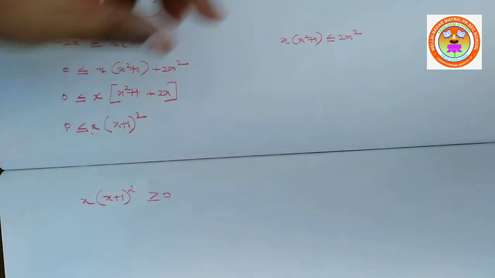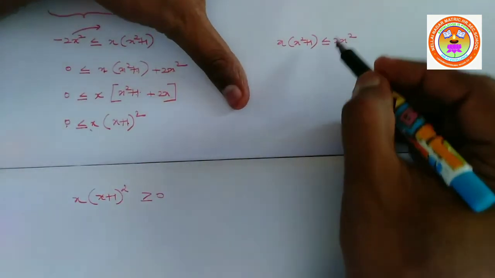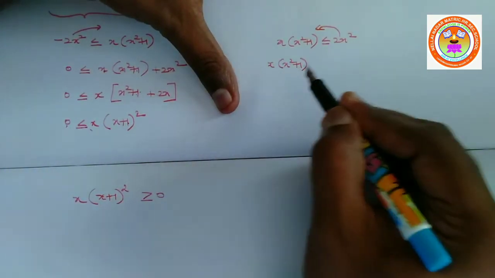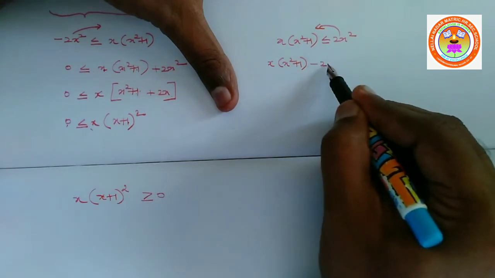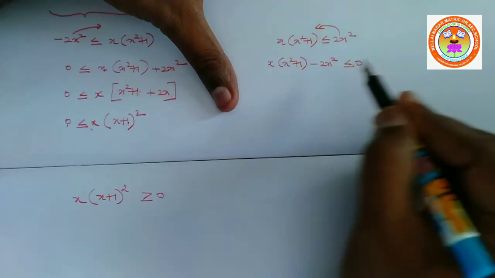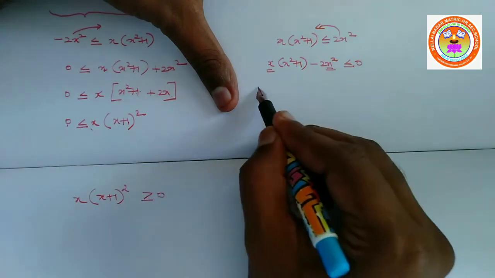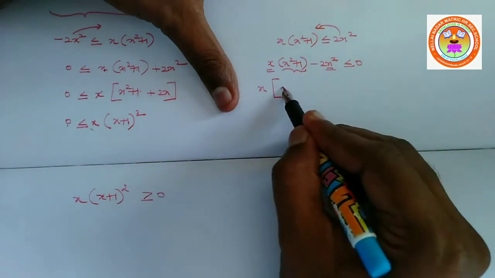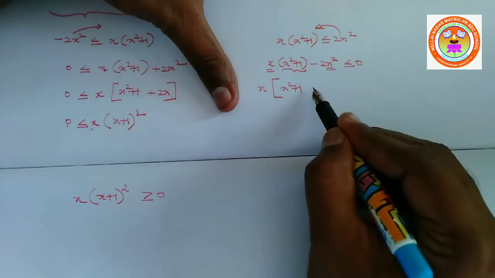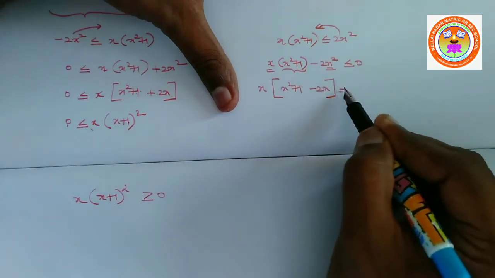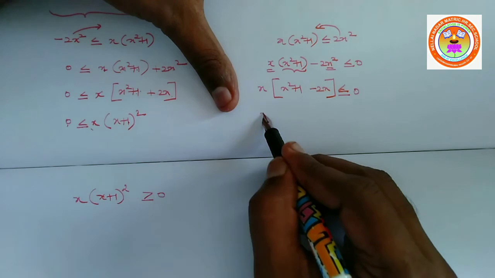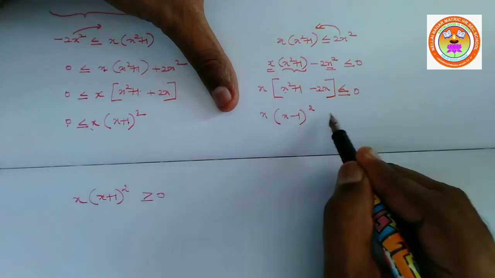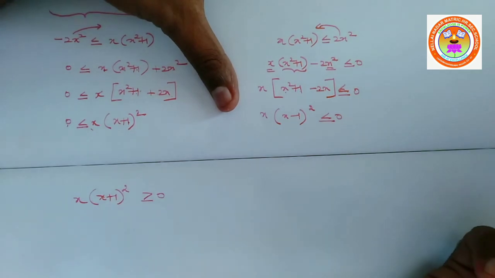So no problem. Next, this value minus 2x becomes x into x square plus 1 minus 2x square is less than or equal to 0. x is common, take x outside. If I take x outside, this remains x square plus 1, and the other remains minus 2x, less than or equal to 0. x square plus 1 minus 2x is nothing but x minus 1 the whole square, less than or equal to 0.